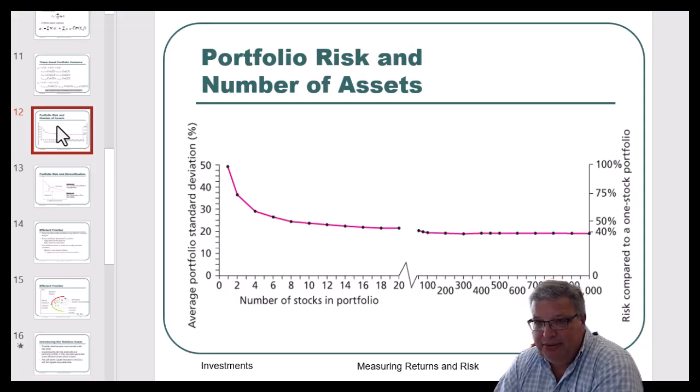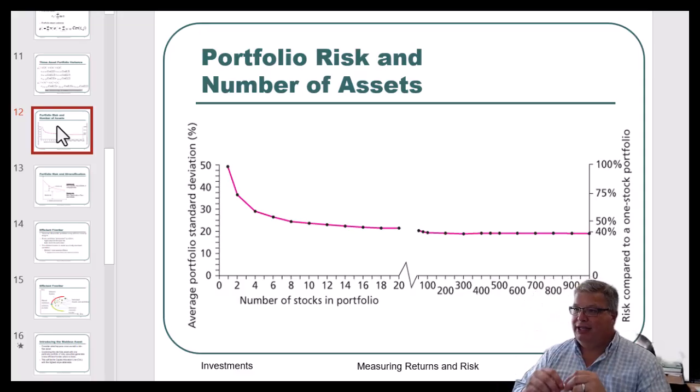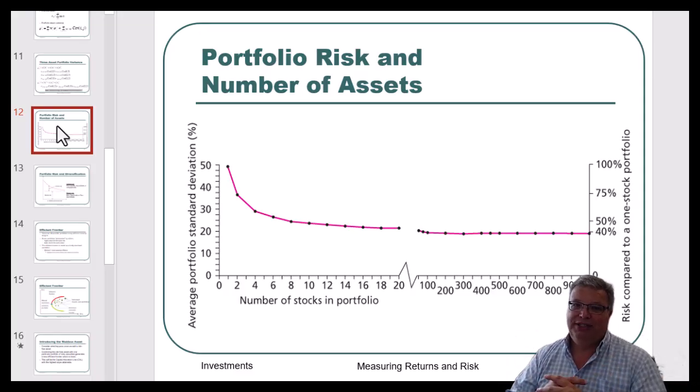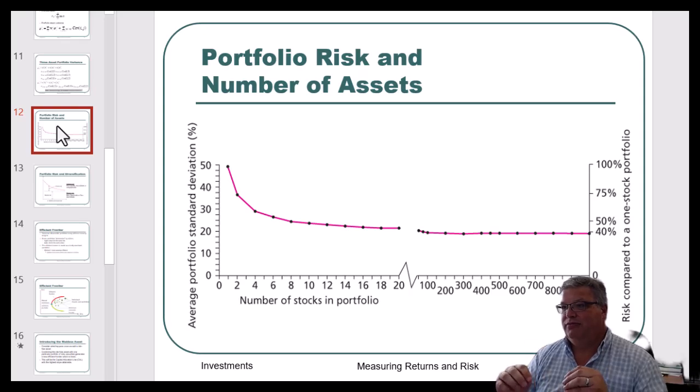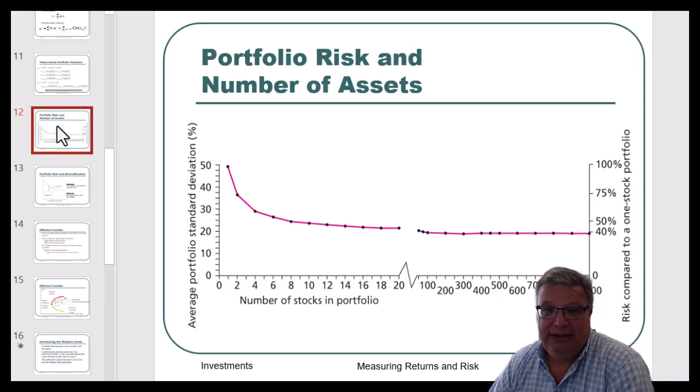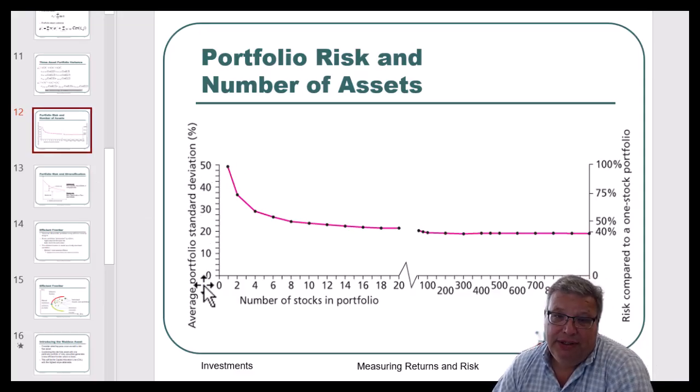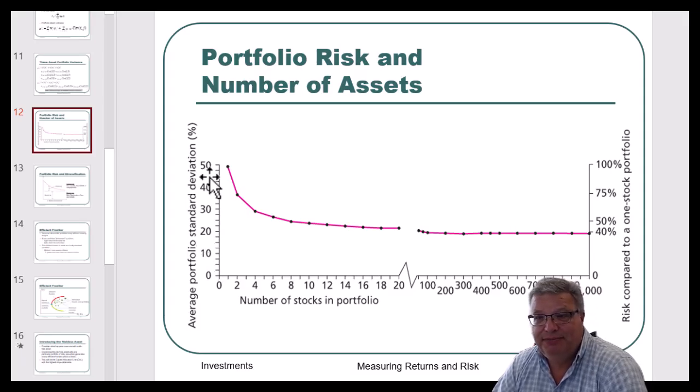The net result of this, when you add more securities to your portfolio, it reduces risk. The more securities you add, the more risk gets reduced to a point. So in this slide right here, in the vertical axis, we have portfolio standard deviation. So think of that as risk. And on the right, we basically have the number of stocks in our portfolio.